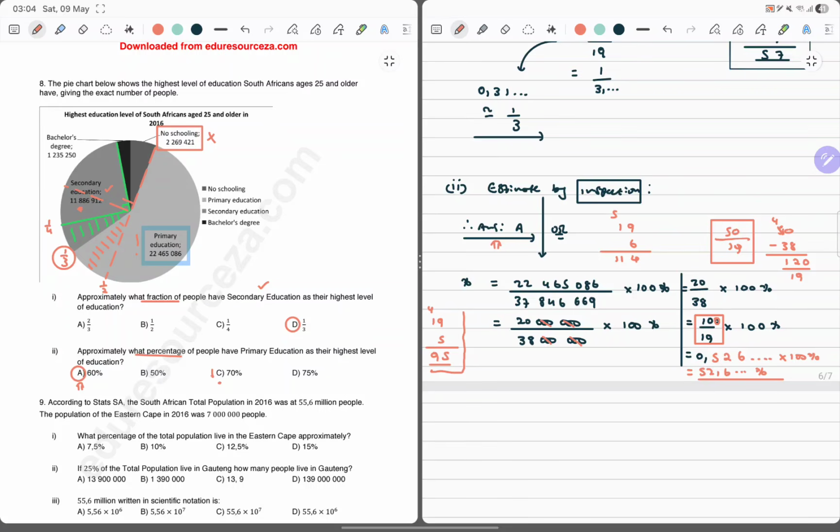So this should be around 60%. So I would still choose A, although this one is somewhat failing, but maybe there's some mishandling of things. This estimate should not be far off like that. It should not. So there's some trickery.